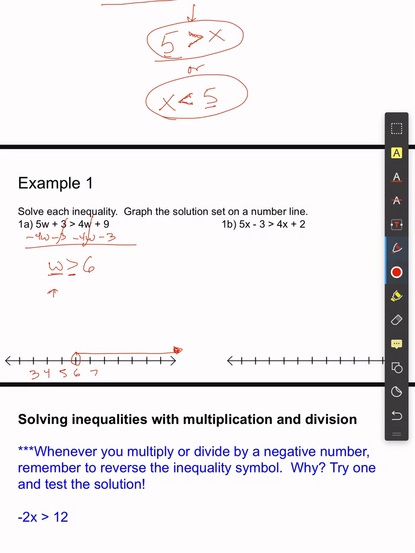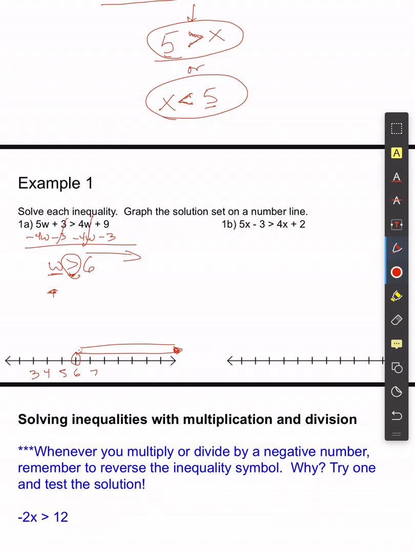If the variable is solved on the left-hand side, then this inequality will always point the same direction as your graph. Notice it's like an arrow pointing this way, and then our graph starts at 6 and goes this way. Just a little bit of a cheat there. But remember, your variable has to be solved, and it has to be on the left side.